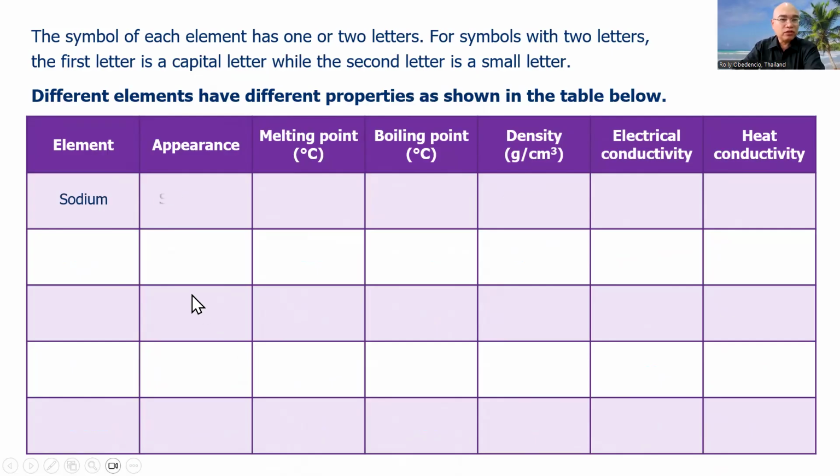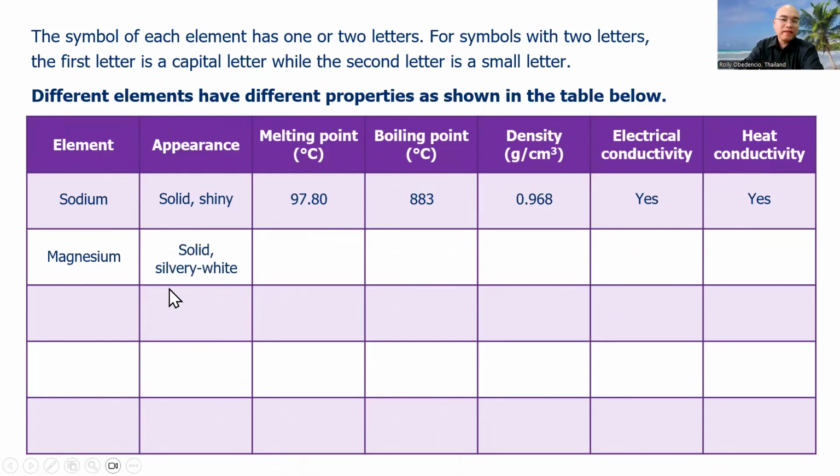Now for sodium, it is solid, shiny color. It melts at 97.8 degrees Celsius, and it boils at 883 degrees Celsius. The density is 0.968. Yes, it is an electrical conductor, and it's also a heat conductor. Magnesium, it's solid.